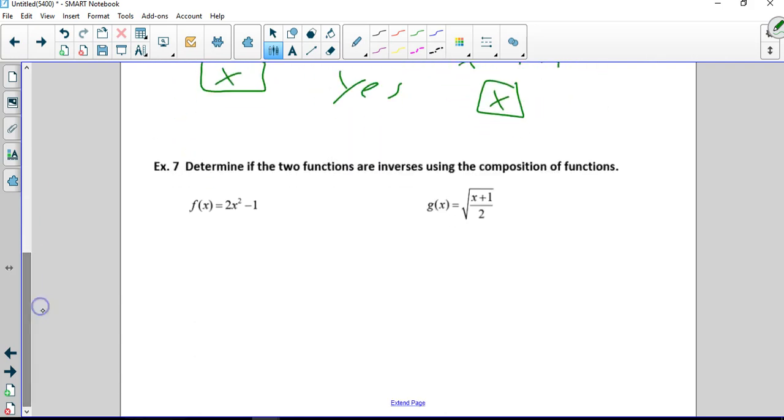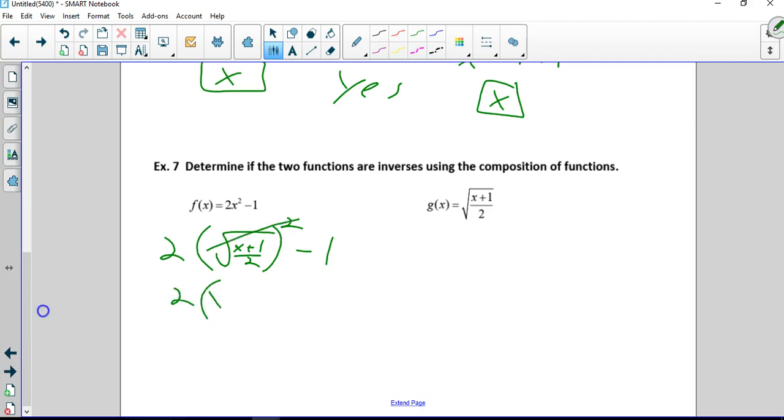And last but not least, I'll plug in the square root of x plus 1 over 2, squared, minus 1. Well, when I square that, that goes away. So I end up with 2 times x plus 1 over 2 minus 1. The 2's cancel. X plus 1 minus 1.